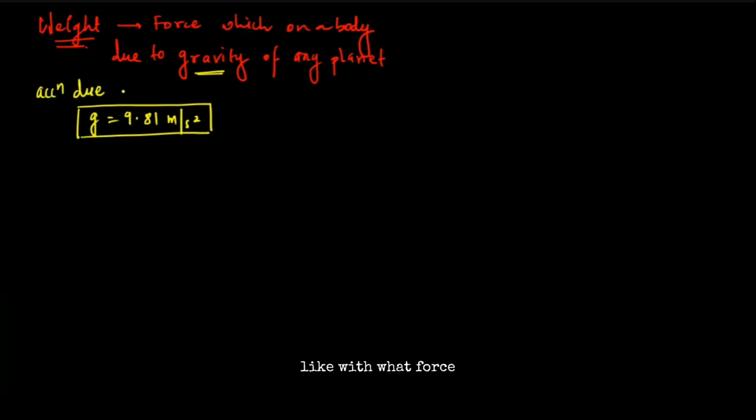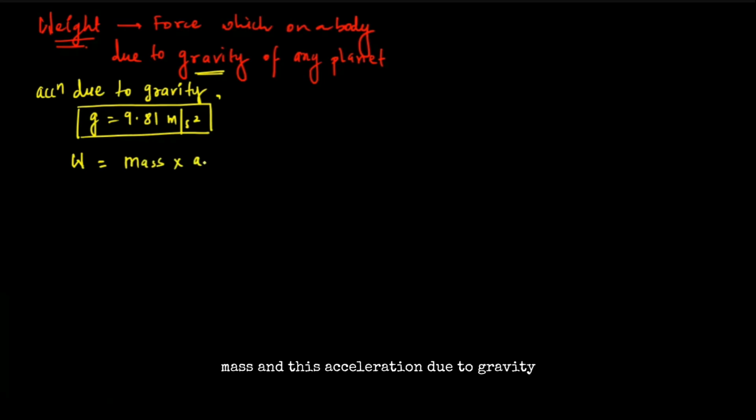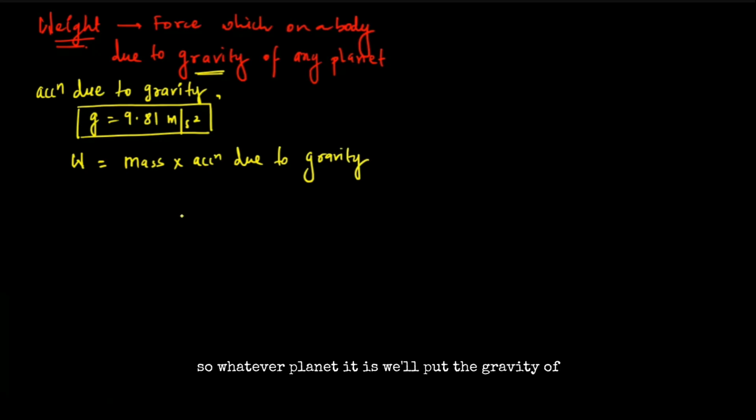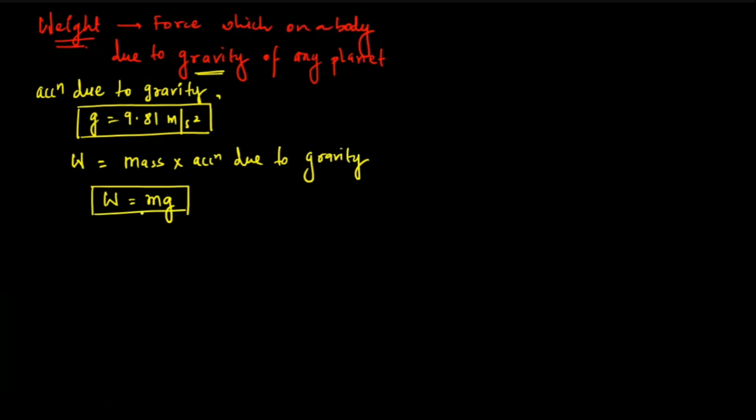With what force Earth is going to attract any object on its surface is given by weight, which is the product of mass and this acceleration due to gravity. Whatever planet it is, we'll put the gravity of that planet, and weight can be simply calculated by mg. Again, it's a kind of force, so the SI unit will remain Newton.